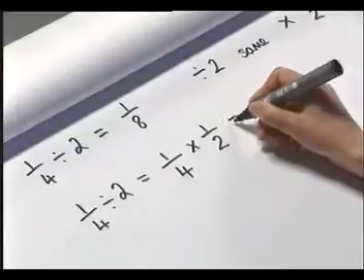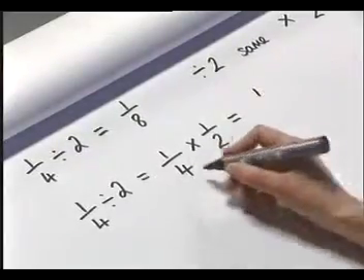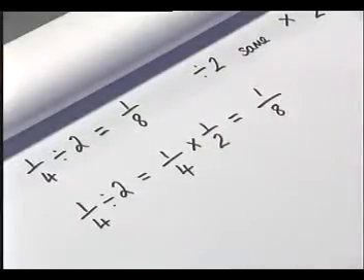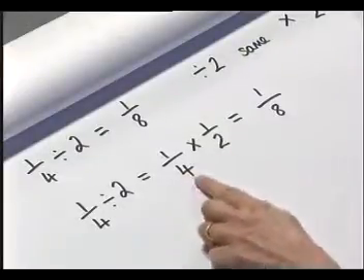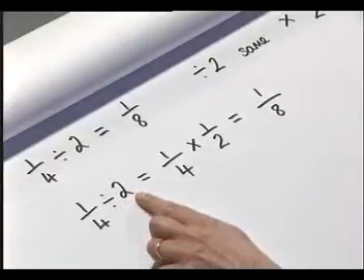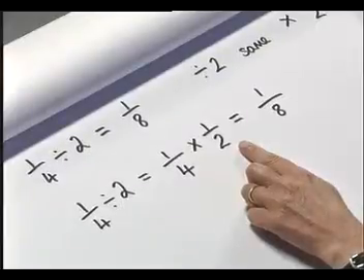And we're back to multiplying fractions, where it's 1 times 1 at the top and 4 times 2, giving us our eighths. So this statement here is exactly the same as this one here, because dividing by 2 is the same as multiplying by a half.